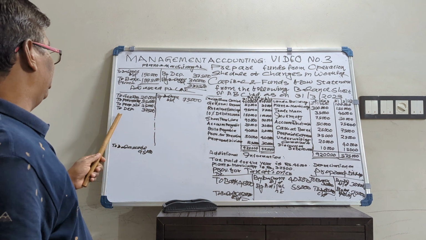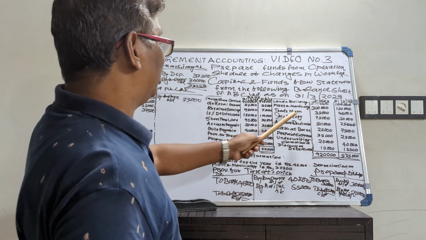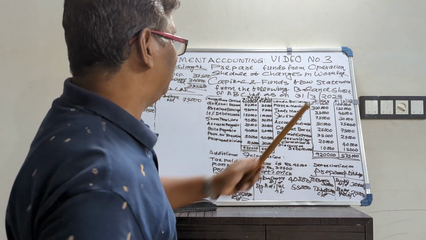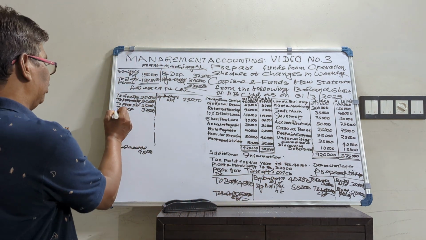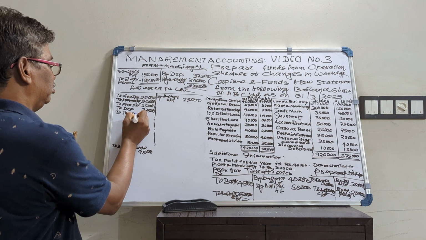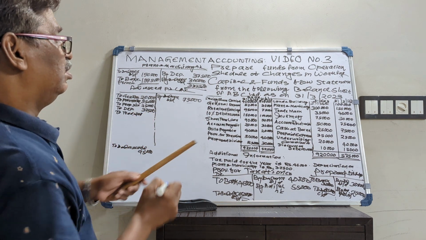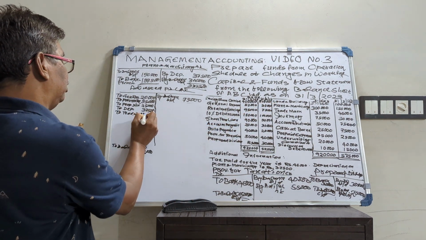So we are adding here on the debit side. Then we will consider one by one. Trademark was 45,000, it is 35,000, 10,000 written off. To trademark written off, that is 10,000.